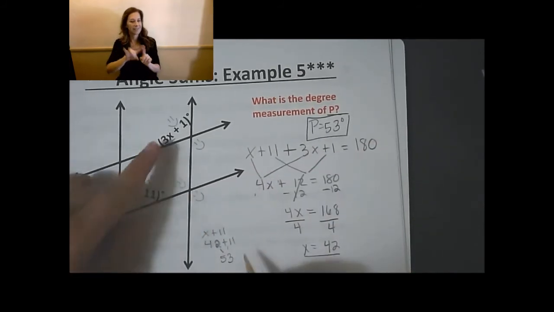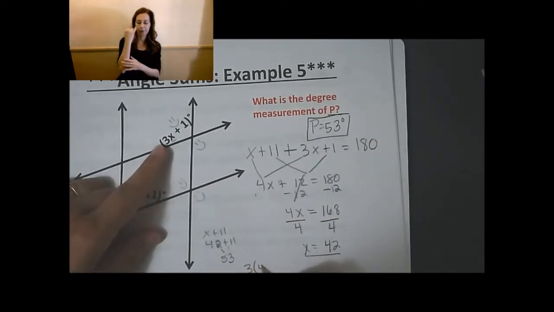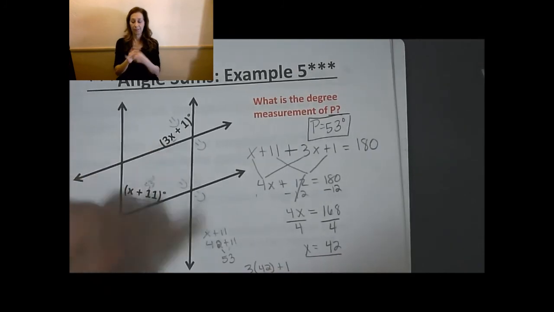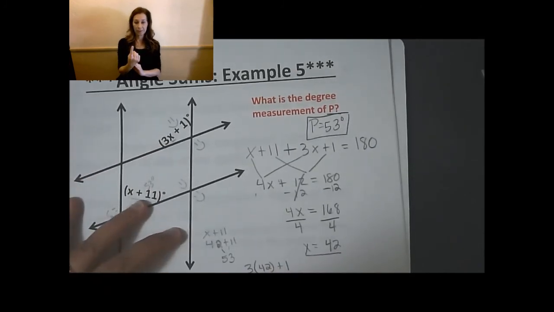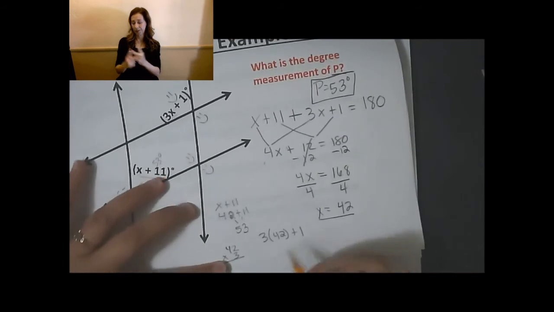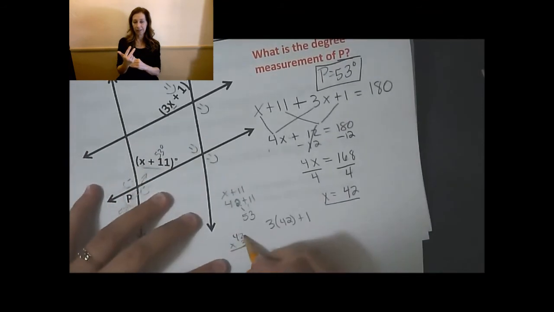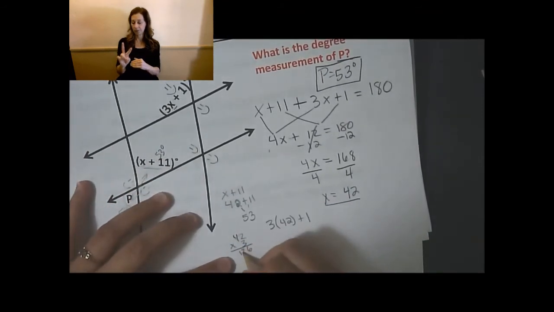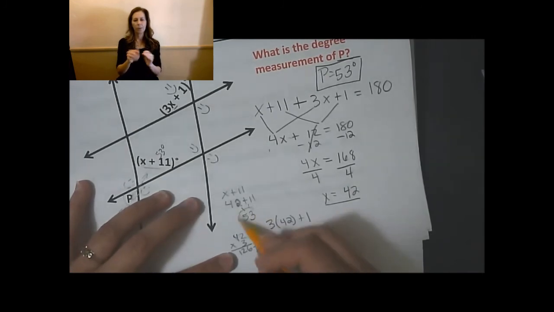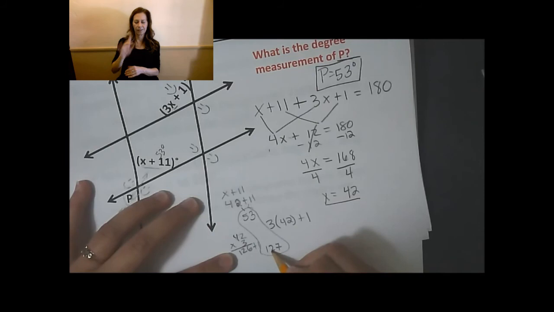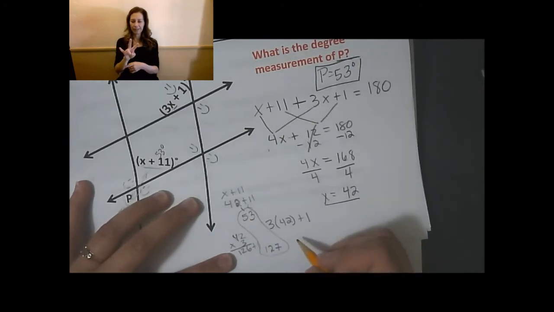For example, 3 times 42 plus 1: 42 times 3 is 126, plus 1, that's 127. Well, look, 127 plus 53 equals my 180.